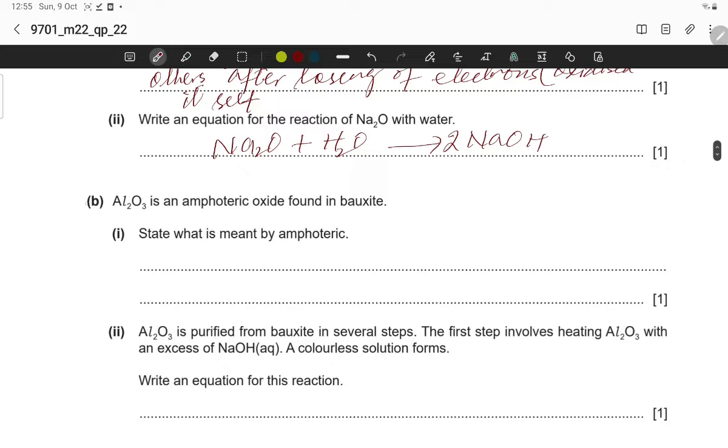Part B: aluminium oxide is an amphoteric oxide, which shows acidic and basic properties, found in bauxite. State what is meant by amphoteric oxide.